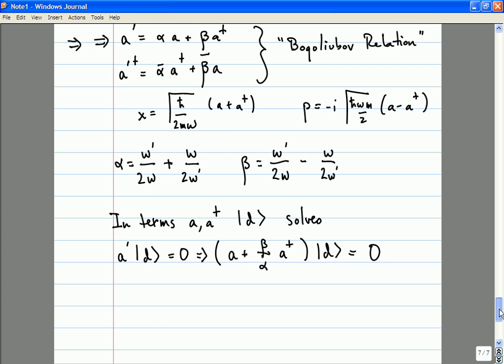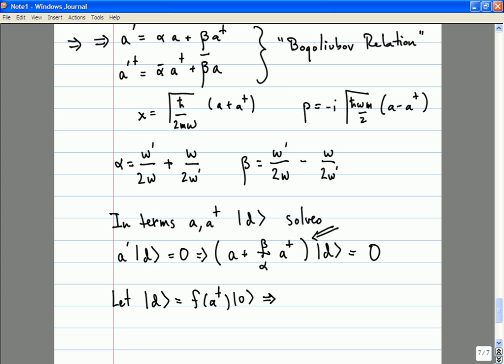As before, we can use this equation to determine exactly what D is. Let's use the same trick we used before. Let D be some function F of A dagger acting on the ground state. Then this relationship will turn into a differential equation for F, so that A leads to an F prime.